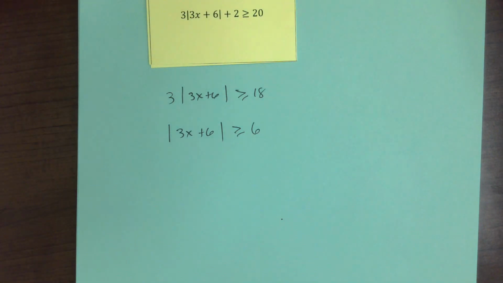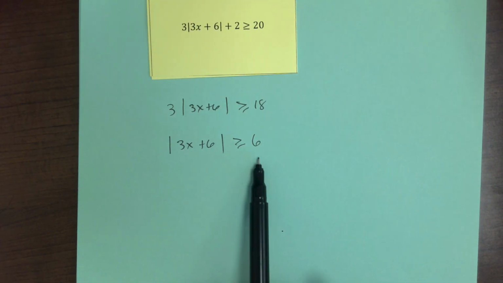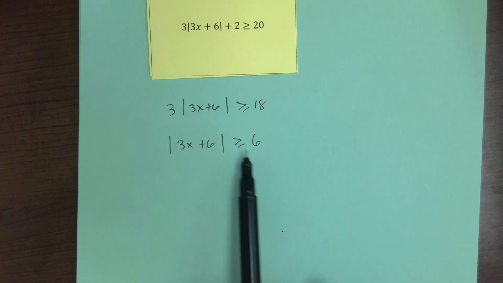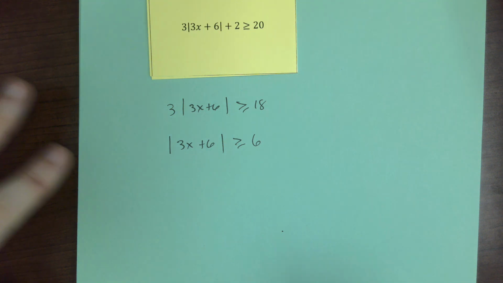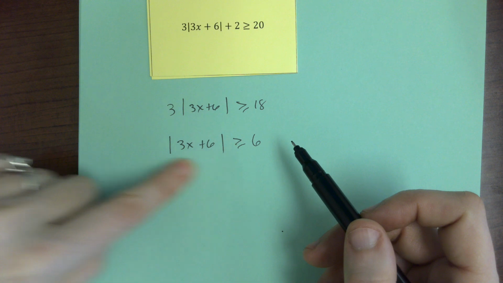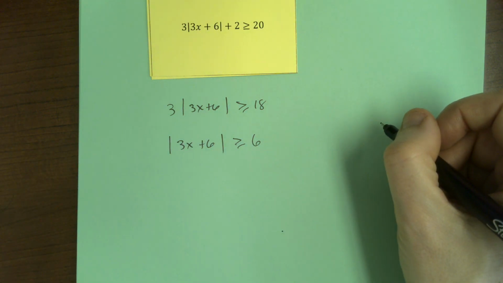Now guys, a lot of people, after this move, drop the bars and do plus or minus 6. That is only for an equation, okay? Now, if you really like that plus or minus move, that is a good move. We could do it for an inequality, but it is not within the inequality work. It's on a number line.